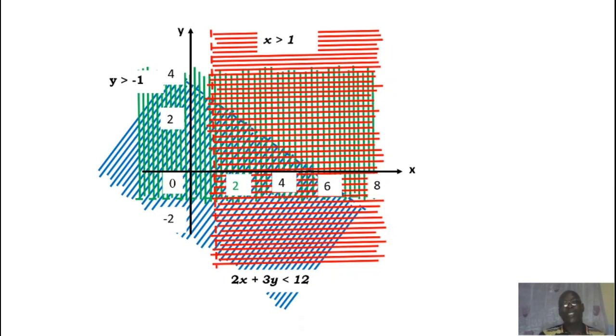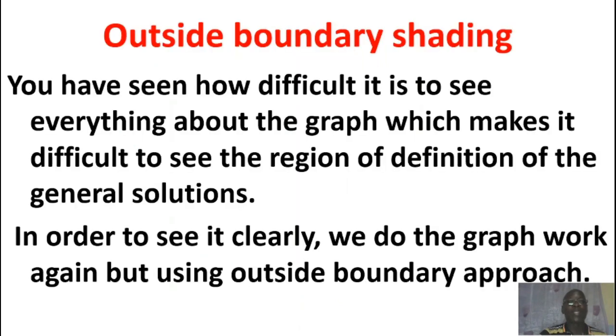The outside boundary shading is not even the correct shading anyway, but it is done in opposition to what is supposed to be done, so that the denser region is made open so that we can actually see the region clearly. So we go ahead to see how it is done.